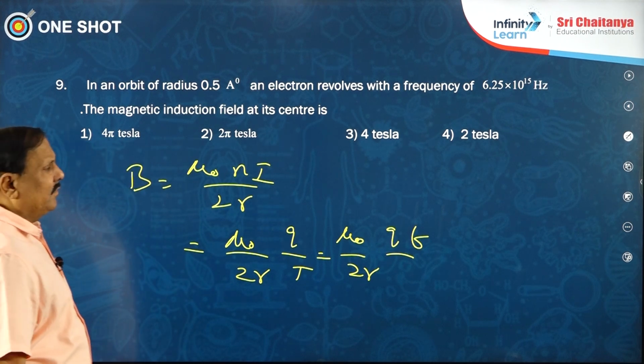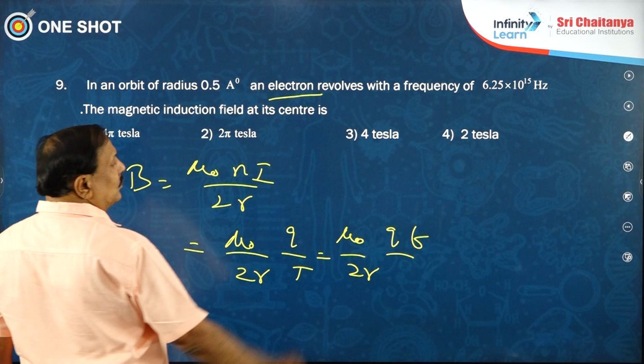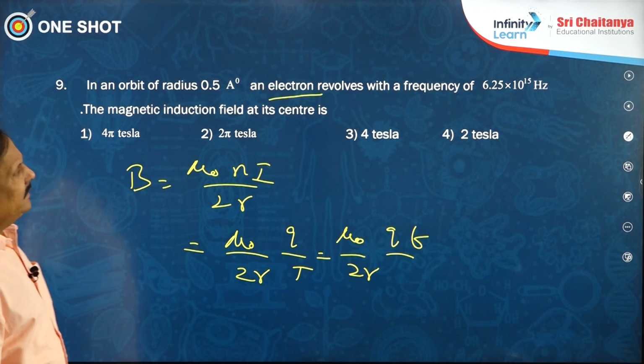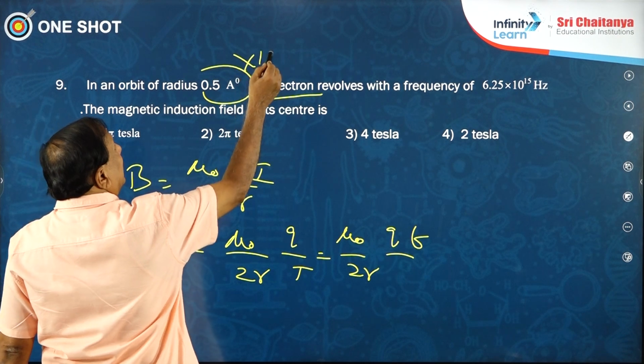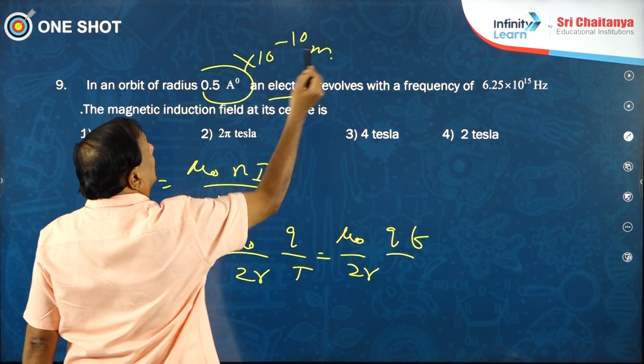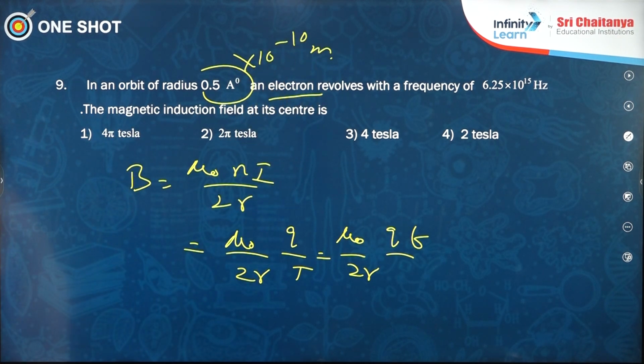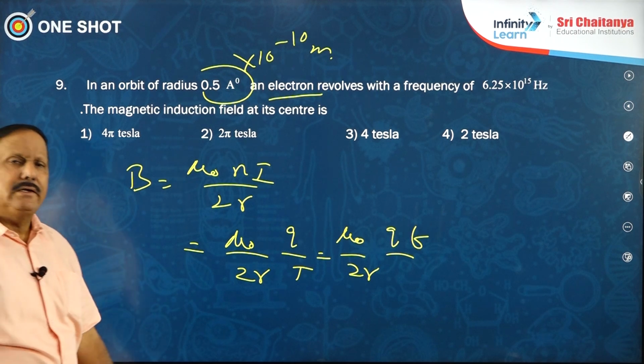Now, I think it is over. Q is the electron charge, you know. Frequency they gave, radius they gave in angstrom, 10 to the power of minus 10 meter. Angstrom must be converted into meters and simply calculate.